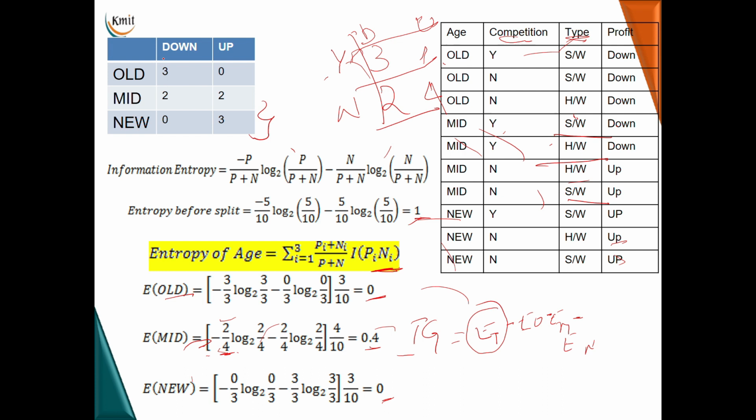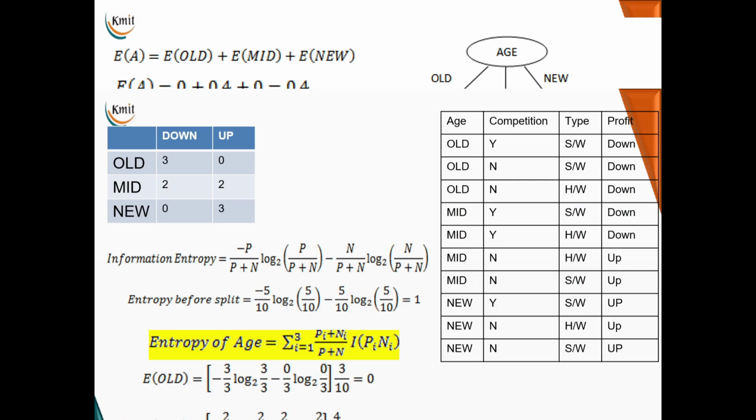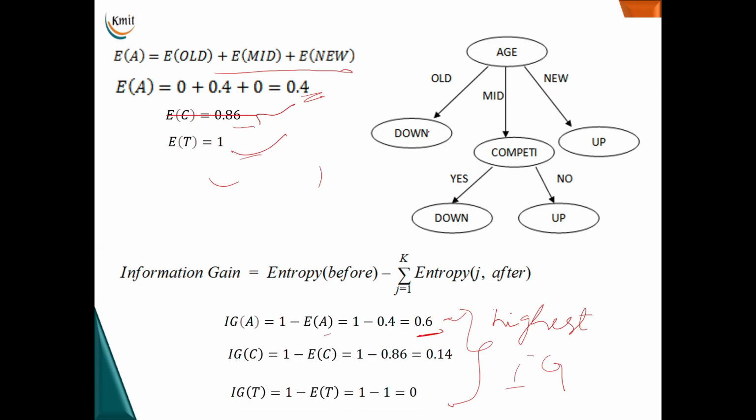No. I have only one decision, that is down. When I am talking about new, I have only one decision, that is up. No, I don't have any conflict now. Do I have any conflict? No. I have only single opinions that if it is old, it is down. If it is new, it is up. So that's the reason I have drawn it directly.